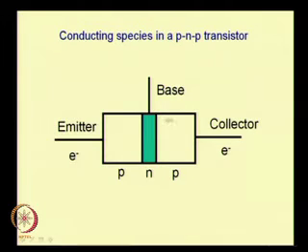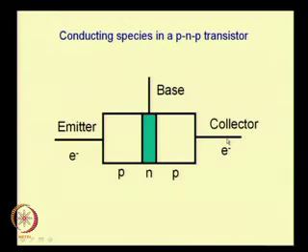Within the transistor itself we have a P region here where the primary species that conducts charge would be a hole. Similarly, an N region where again it would be electrons, and another P region where it would again be holes. So if you go from left to right, we have electrons, holes, electrons, holes, and electrons.